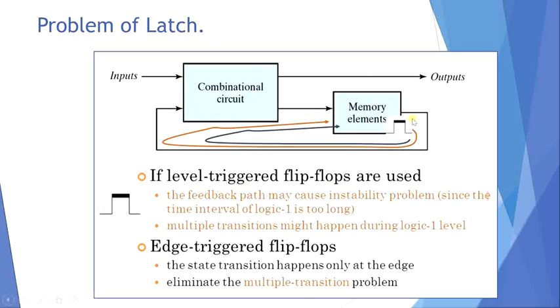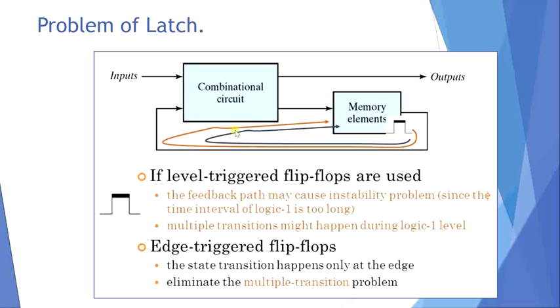So with level triggering, there will be a longer duration for logic 1 and multiple transitions will happen during the logic 1 level. Whereas in edge triggering flip-flops, the state transition happens only at the edge. So we can eliminate the multiple transition problem.